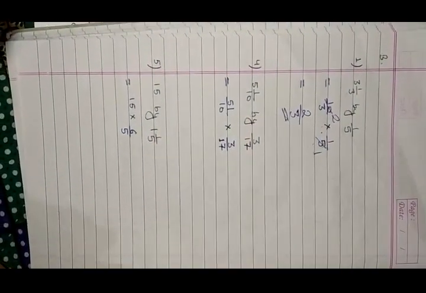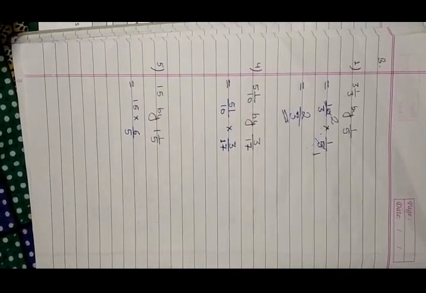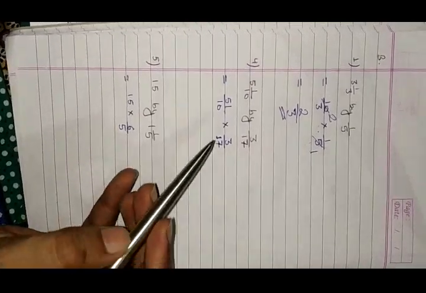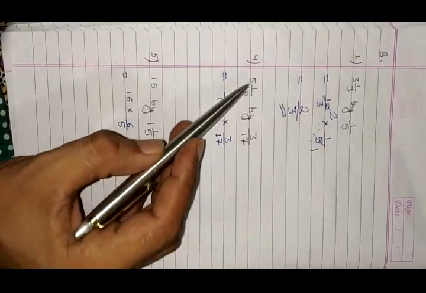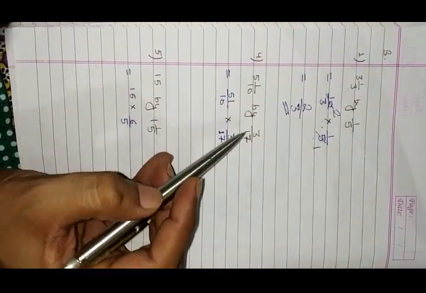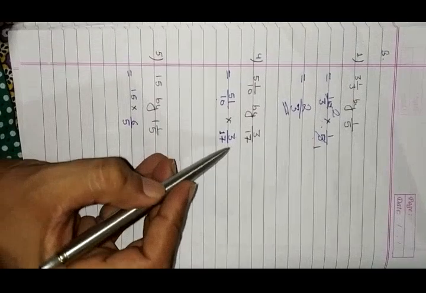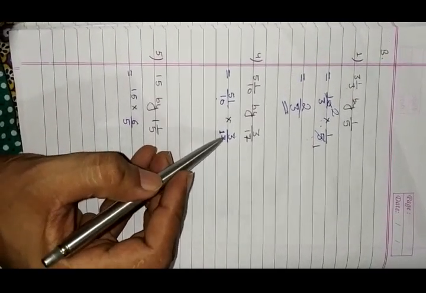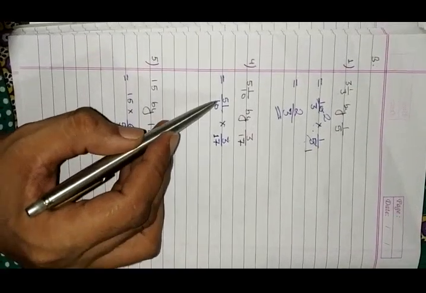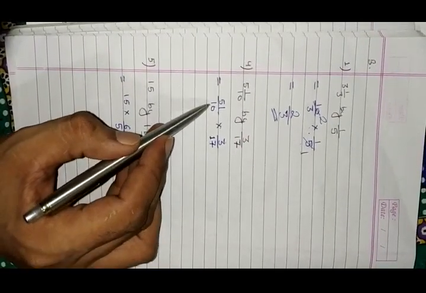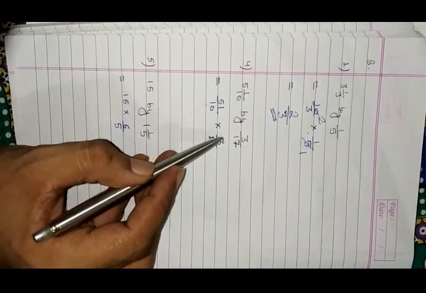Fourth, 5, 1 by 10 by 3 by 17. First, convert this mixed fraction into improper fraction. 5 tens are 50 plus 1, 51 upon 10 into 3 by 17. Now 3, here numerator is 3, but in denominator there is no common factor with 3.